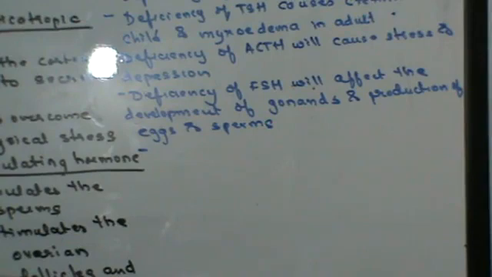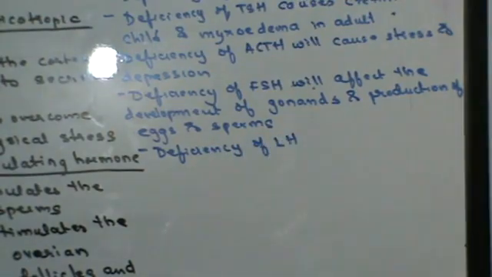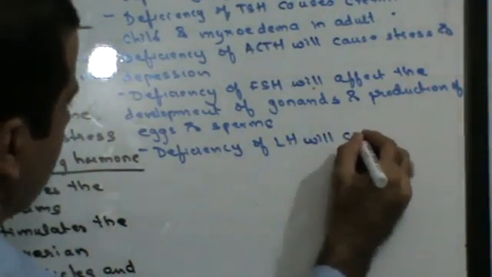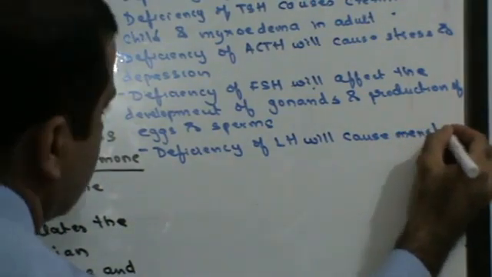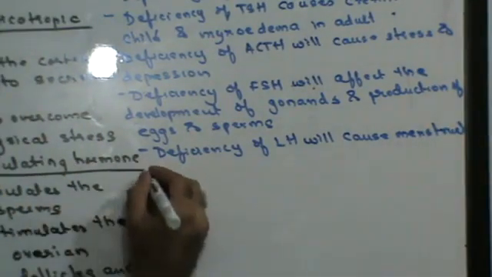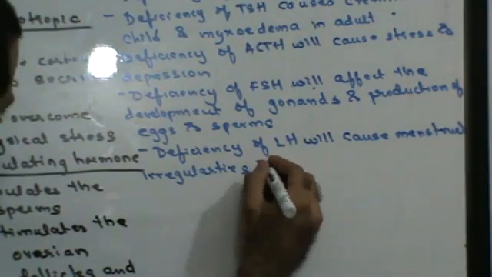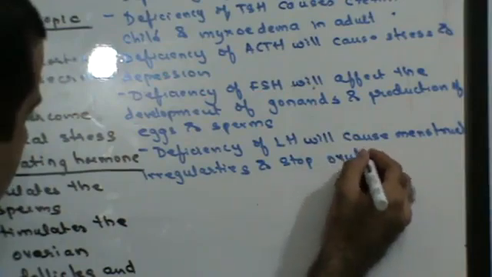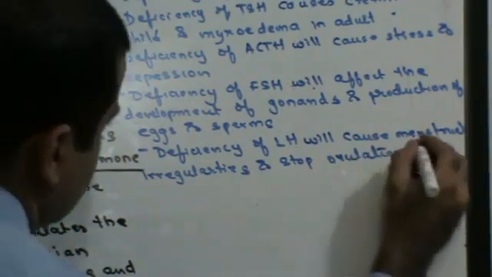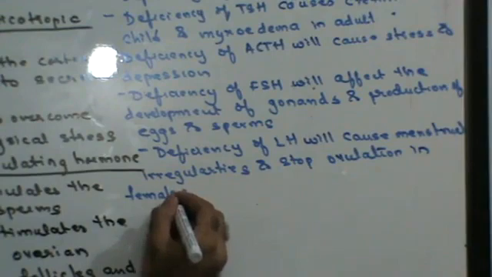Next, deficiency of LH will cause menstrual irregularities and stop ovulation in females, which will make pregnancy impossible.